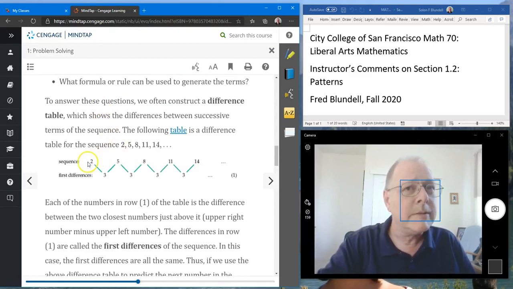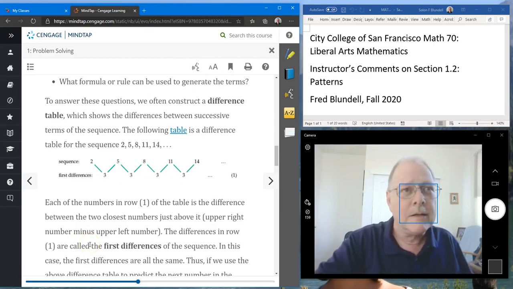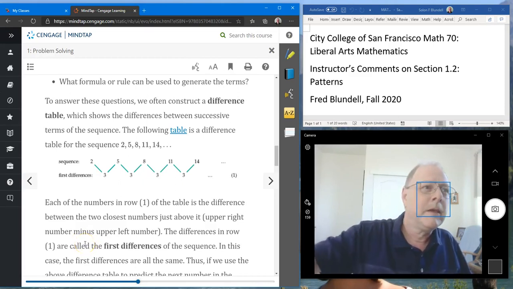Actually it has two examples, and the first one here is pretty easy, and then the second one is kind of challenging. And the reason why I'm making this video is I think the second one needs a little bit more explanation so you can see how they arrive at the solution.